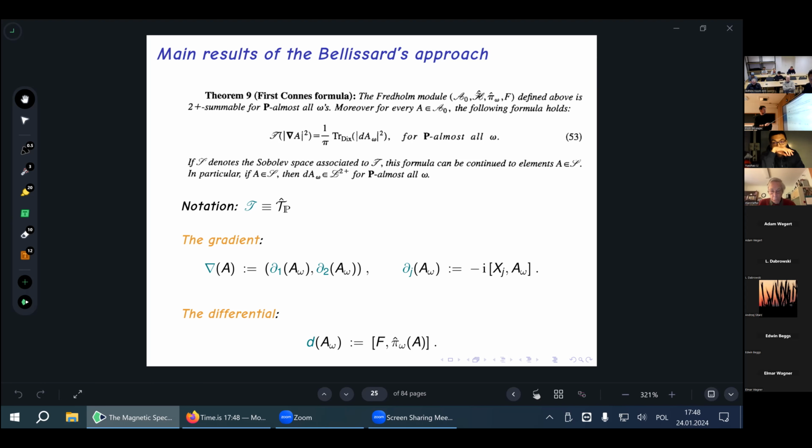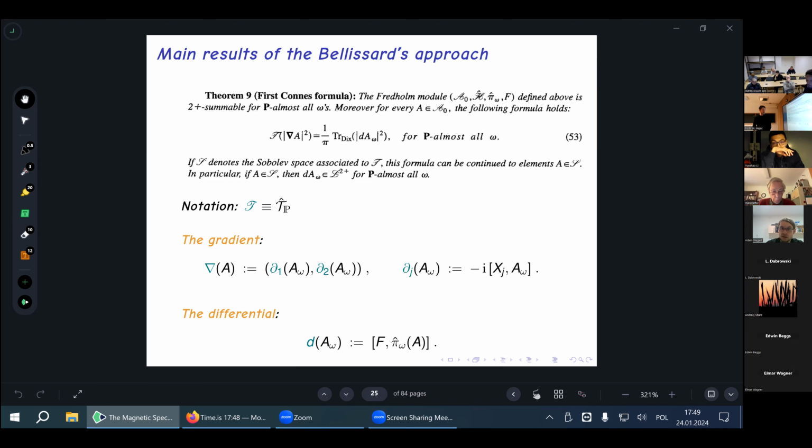Now, from one side, I can compute the trace per unit volume here. This is again the trace per unit volume of the modulus square of the gradient in my original algebra. So sorry, this gradient is defined for A or for A omega?